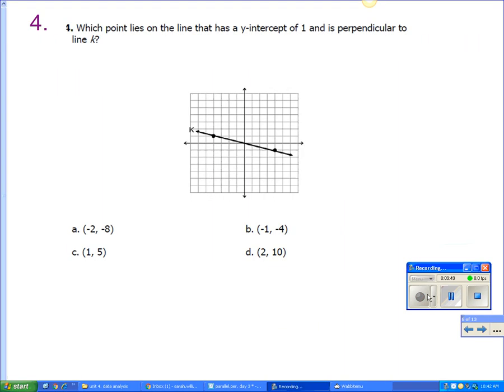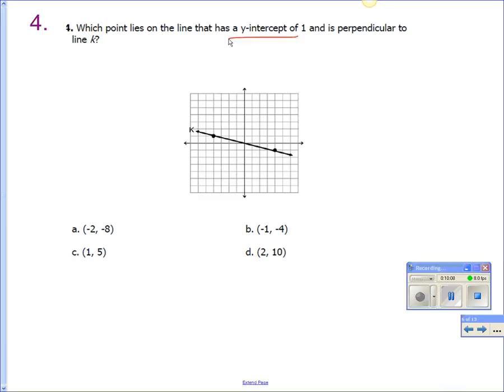Which point lies on the line that has a y-intercept of 1 and is perpendicular to line K? Okay. Trying to think. Easiest. A y-intercept of 1. Let's start there.